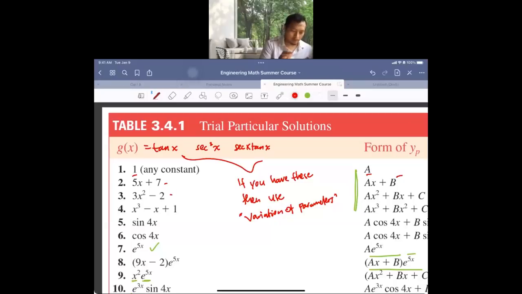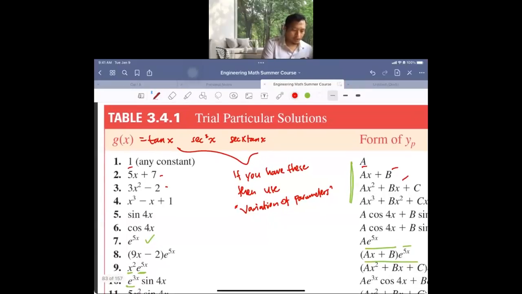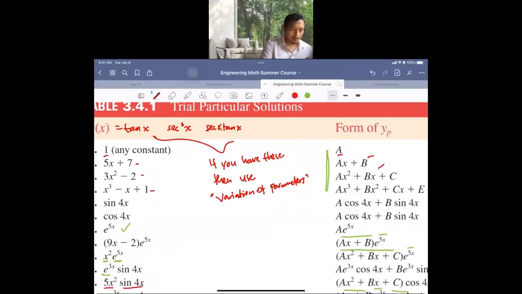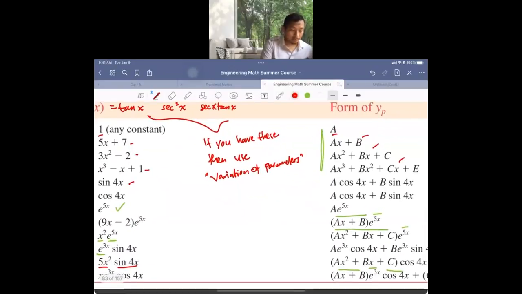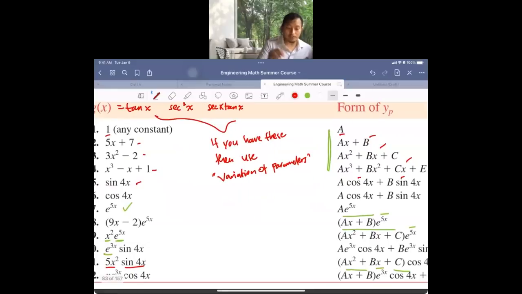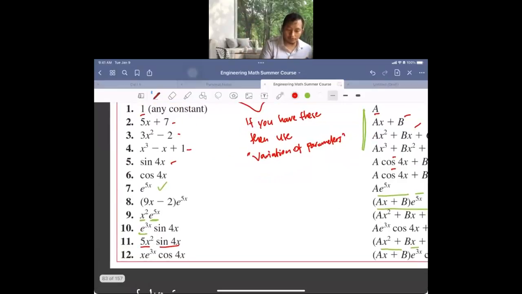Look here, the form: if it's a constant, maybe just some constant. If you have linear, it's linear. If you have a polynomial, it's another polynomial. We have cube, it's cube. We have sine, always sine and cosine. Cosine is also the same, because they are interchangeable, right?